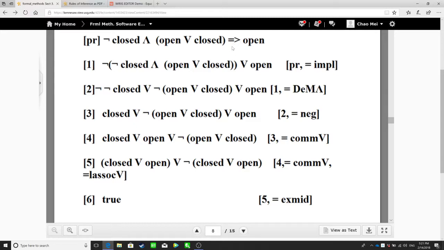Then the rest of the steps is to prove this whole thing marked as 1. Expression 1 is true. You can see we did a lot of things, 2, 3, 4, 5, and 6. Finally, we prove this thing is true. Then we know that the conclusion is true.